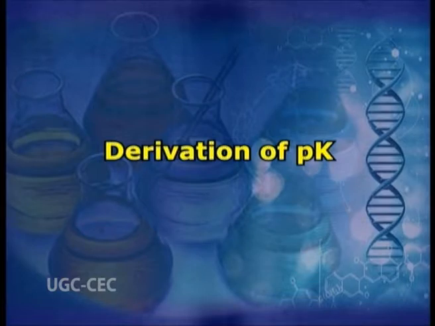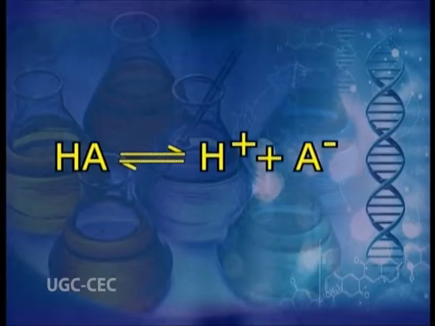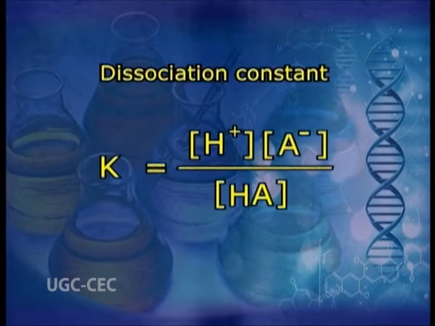Derivation of pK. A weak acid dissociates reversibly in water, that is generic acid HA dissociates into hydrogen ion and acetate ion. The dissociation constant K defines the ratio of the concentrations of the dissociated ions and the undissociated acid. Square brackets denote concentration.